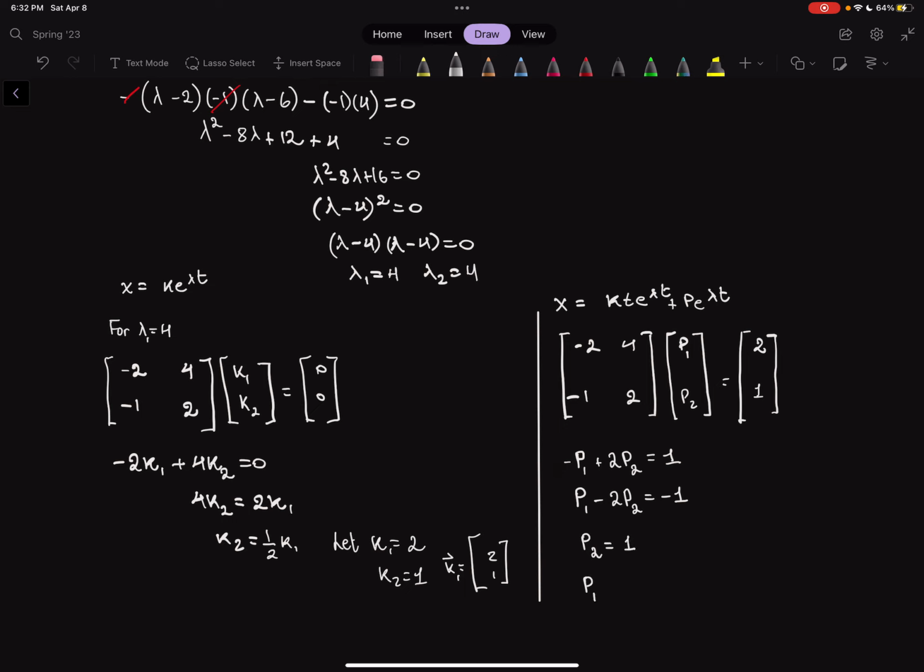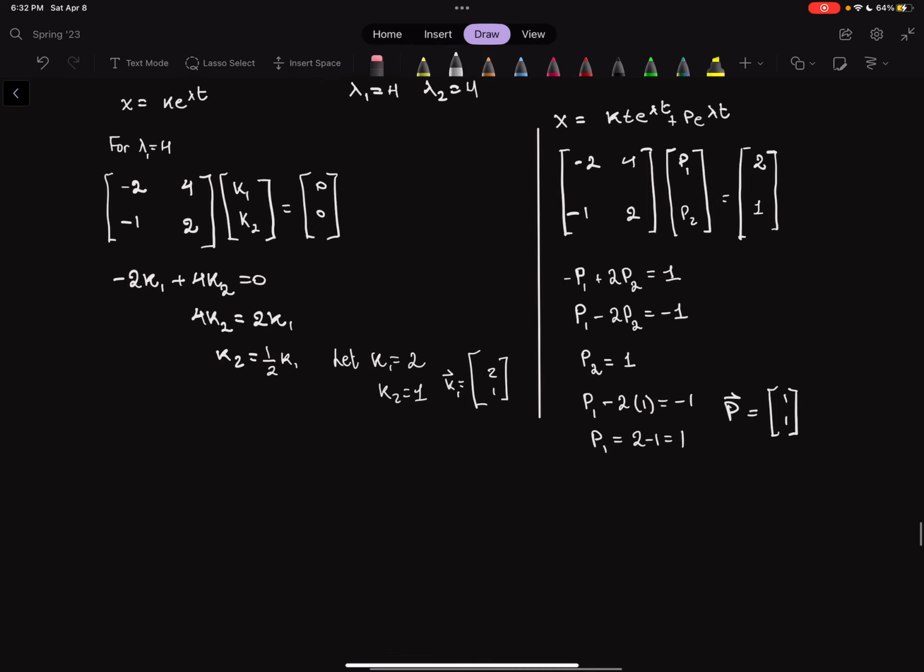And then P1 will be equal, P1 minus 2 times 1 minus 1. P1 will be equal to negative 2, goes to the other side, becomes positive 2 minus 1. It becomes 1. So I think I made a mistake earlier. And now we have the vector 1, 1.